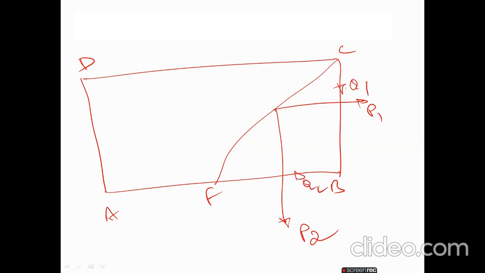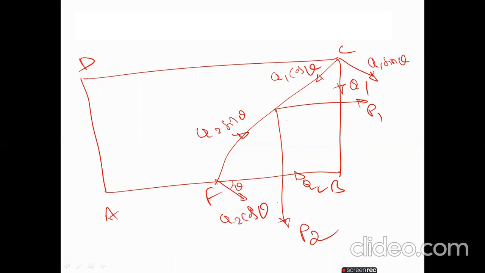Now, same as the previous problem, for normal and tangential components, this is Q1 sin theta and this is Q1 cos theta. Same like that, this is Q2 sin theta and Q2 cos theta, with the angle theta here.